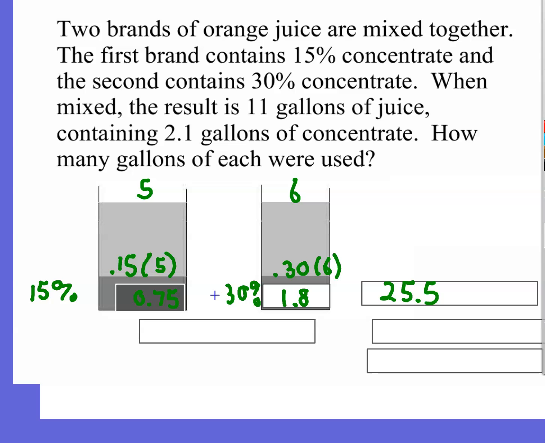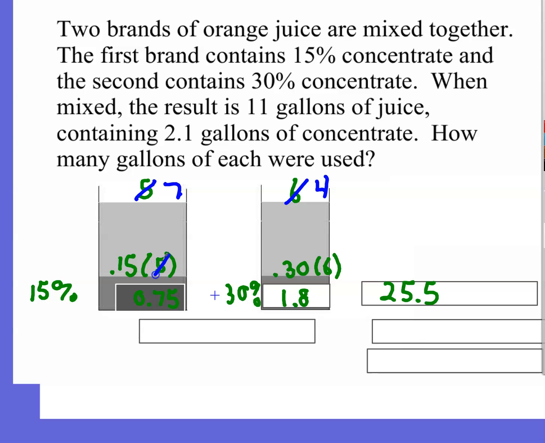So I'll just guess again. And I might do some thinking like this. Look, I ended up with too much concentrate, so I need to have more of the one that has less concentrate in it. So how about if I make this 7, and this one's going to have to be 4 in order to add up to 11.